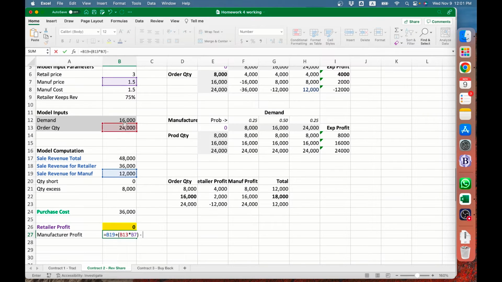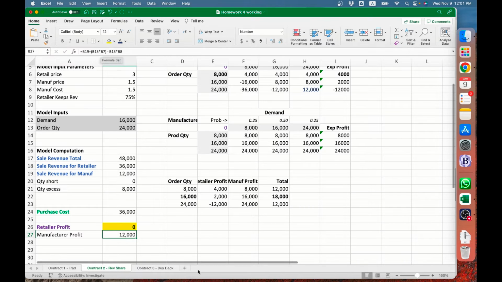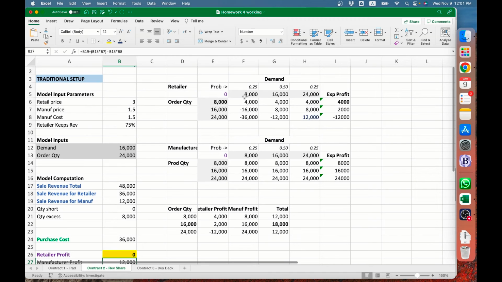Well, the cost is they have to produce the order quantity times the manufacturing cost, so that's going to be their cost. So this is their profit. This is revenue share revenue plus the revenue directly paid to them by the retailer at $1.5 a piece, minus their production cost. Okay, now we can rerun.